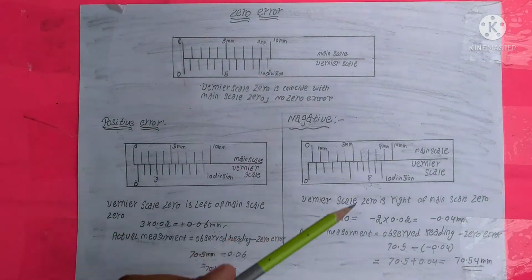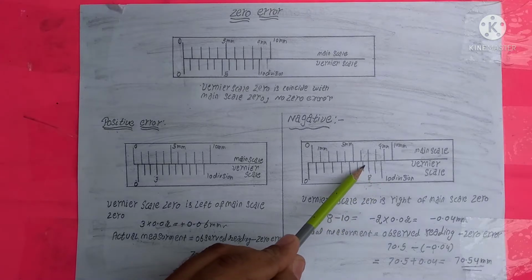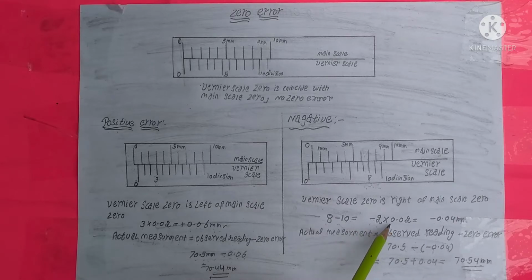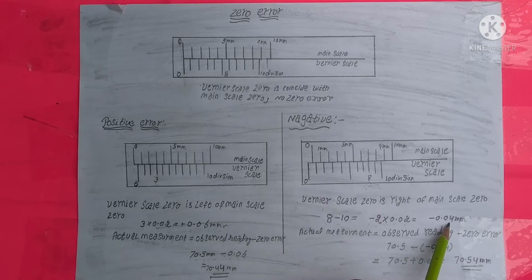Now first subtract the 10 divisions from the best coincide division, and the answer comes out to be -2. And now multiply with the least count 0.02 and the answer comes out to be -0.04 mm. So this is the negative error that exists inside the vernier caliper.